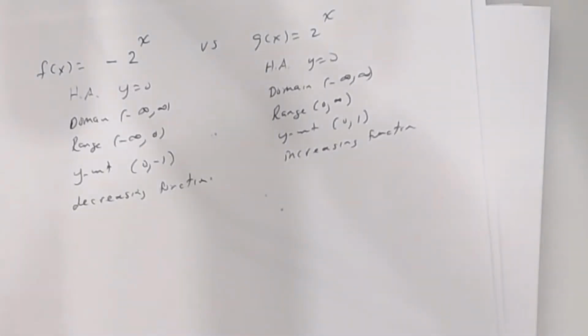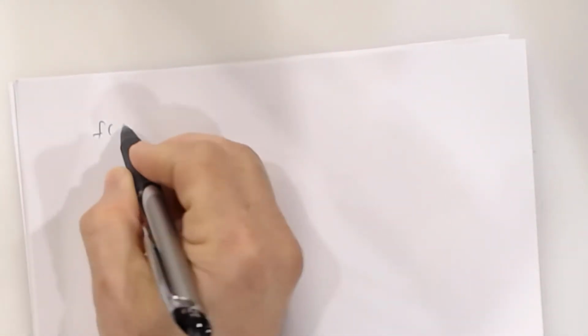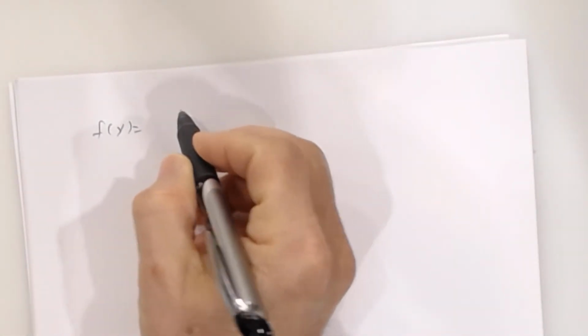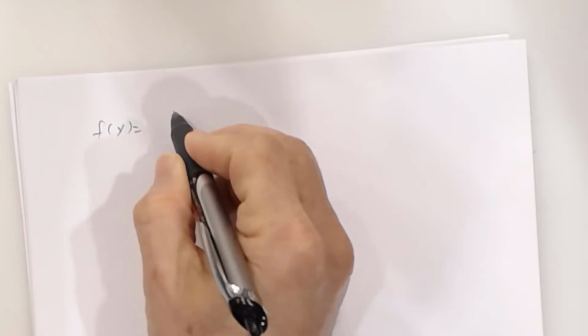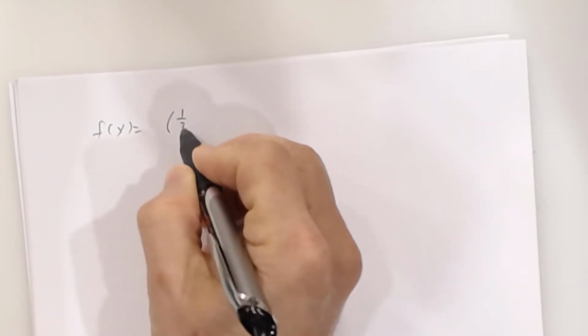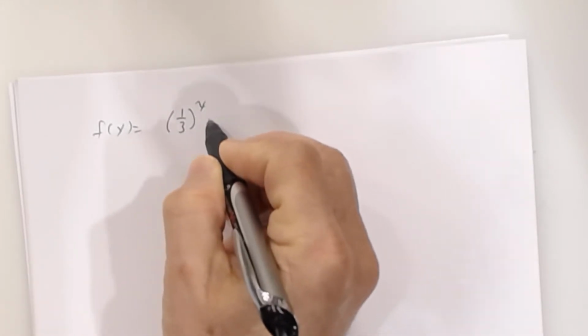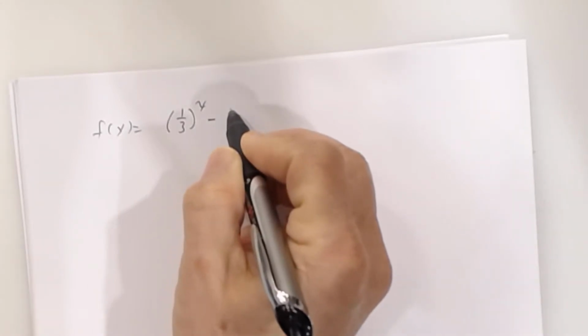All right, let's look at this one. All right, now, and we talked about this idea before as well. What if I had this, f of x equal 1/3 to the x minus 4. 1/3 to the x minus 4.